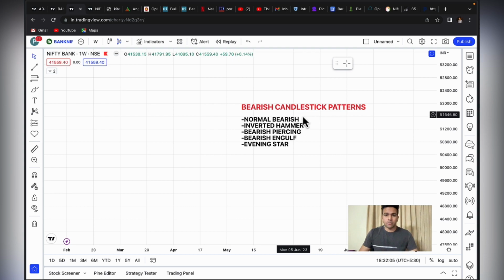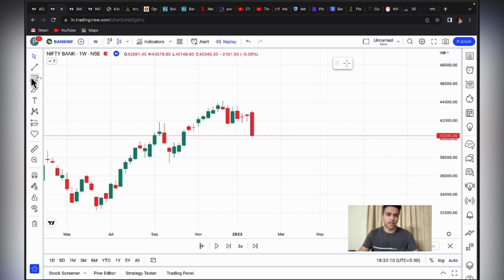So the first bearish candlestick pattern is of course a normal bearish candlestick. So let's look at an example.